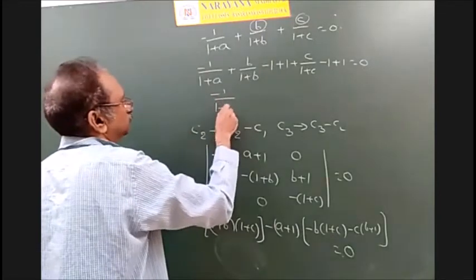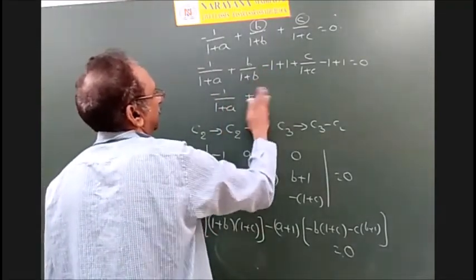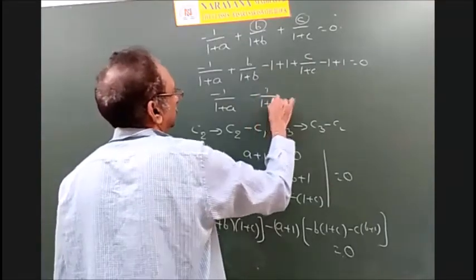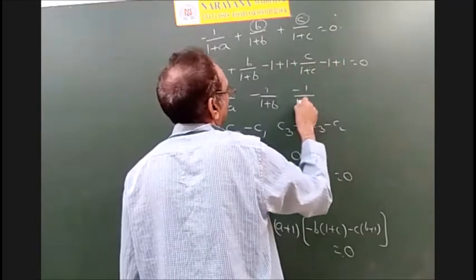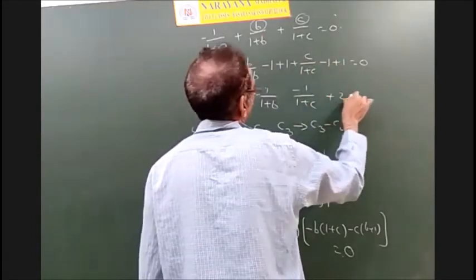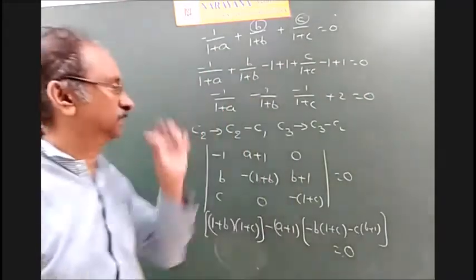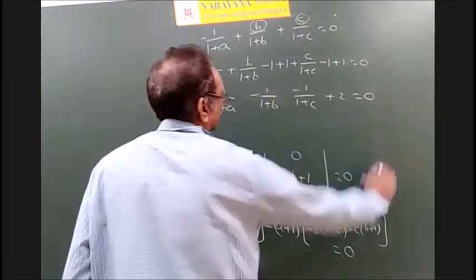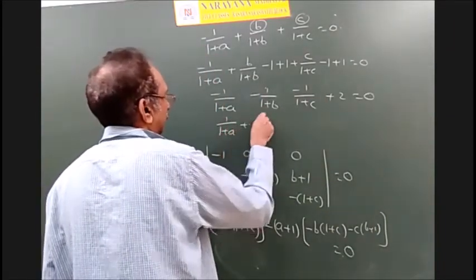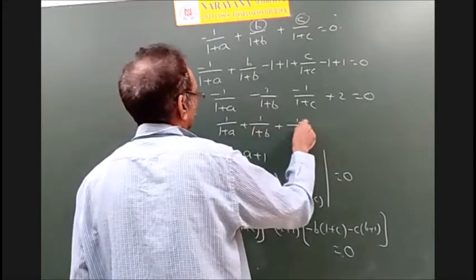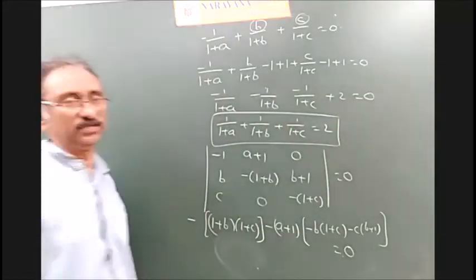So this is minus 1 by 1 plus a, b cancelled, plus minus 1 by 1 plus b, and again for this c cancelled, minus 1 by 1 plus c plus 2 is equal to 0. So there is 1 here, there is 1 here. Okay. And finally, if you take these terms to the right hand side, that is the answer.